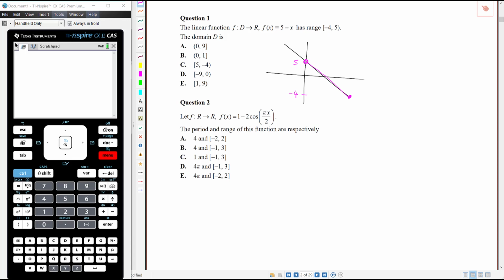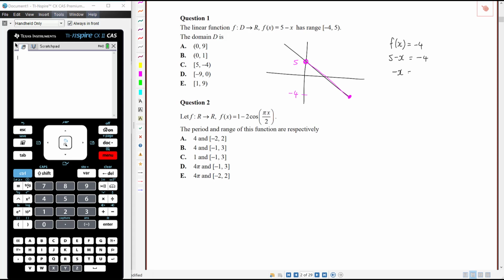So thinking about what that means for the domain, it's clear that when the y value is 5, the x value is 0, but we need to work out when the y value is -4, what's the x value. So f of x equal to -4, that is 5 minus x equals -4.